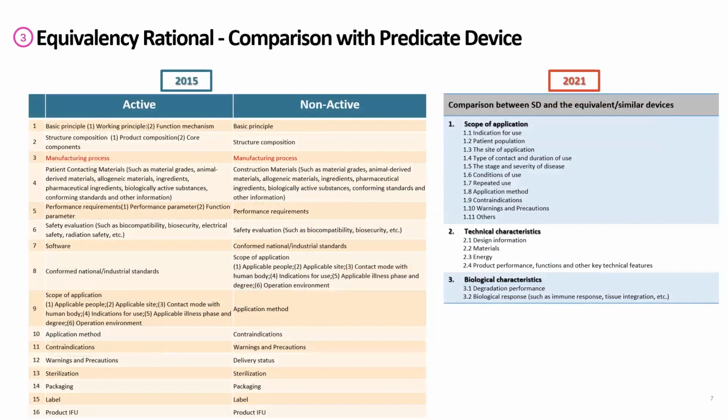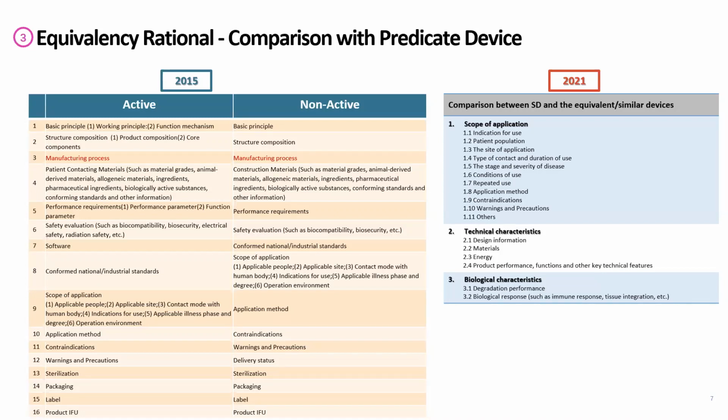When we know what the predicate device is, we will try to find out whether it is the right predicate device, so we need to compare it with the subject device.